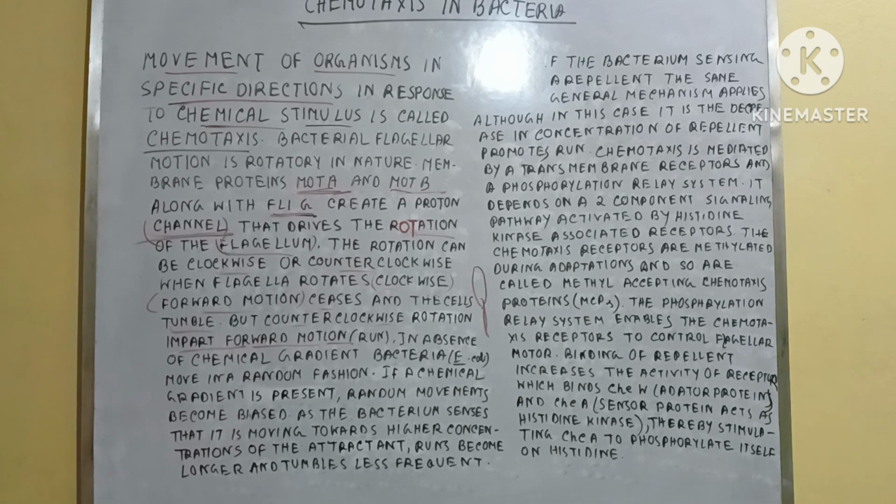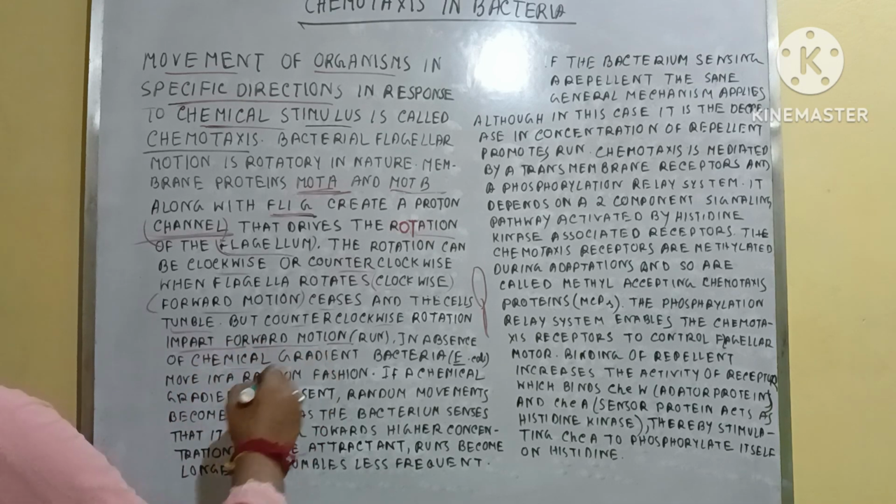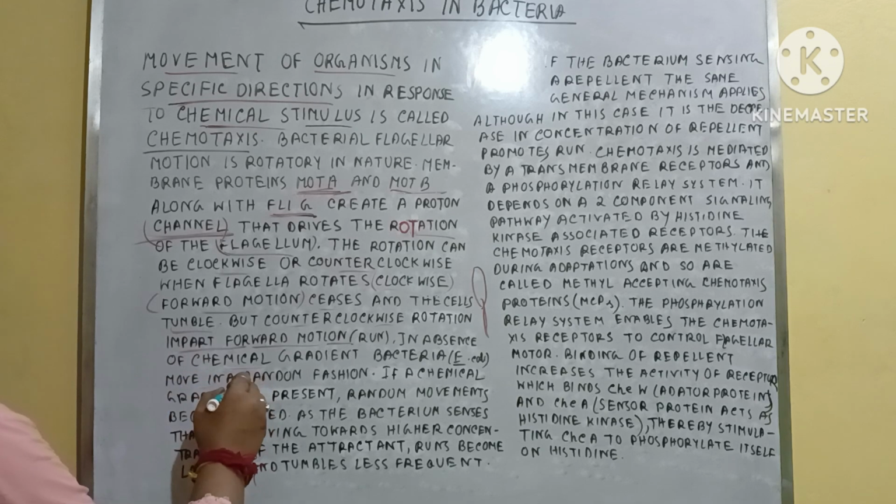So counterclockwise rotation imparts the forward motion, but the clockwise rotation ceases the forward motion and the cells tumble here. And in the absence of the chemical gradient, obviously, in chemotaxis we will learn, the role of the chemicals is present always. So if the chemical gradient is absent, the movement is seen in a random fashion.